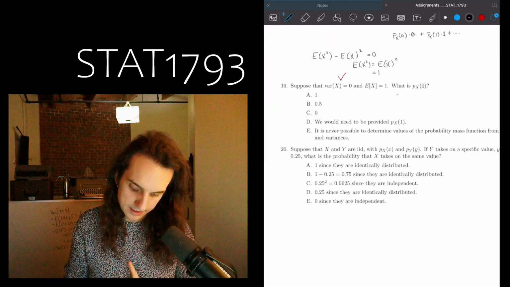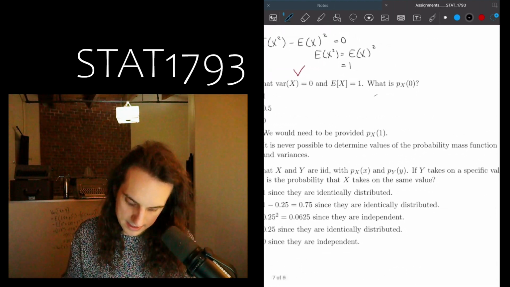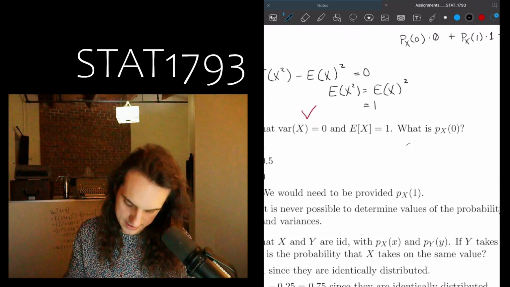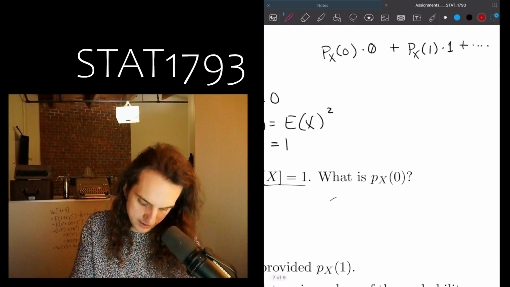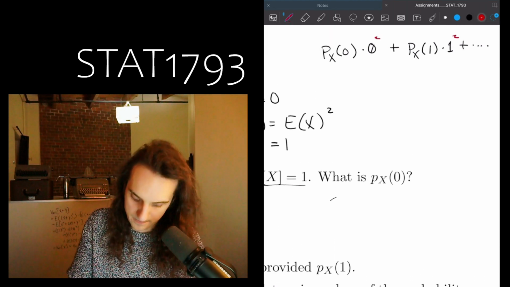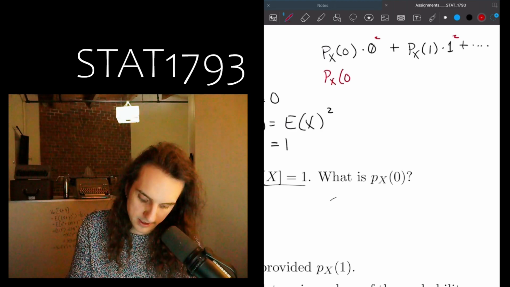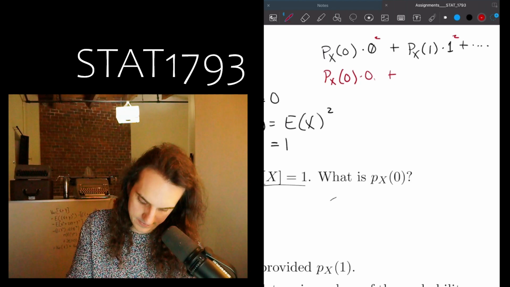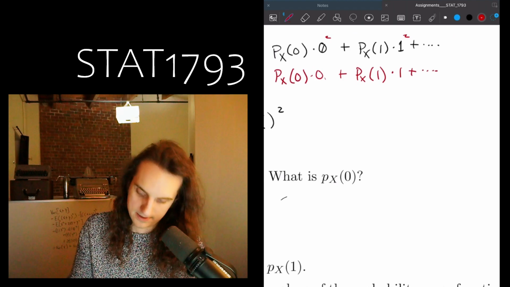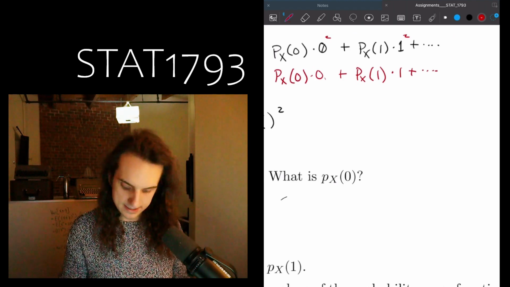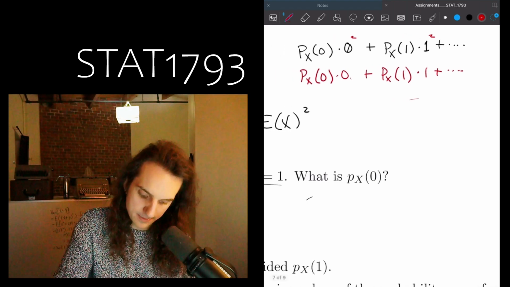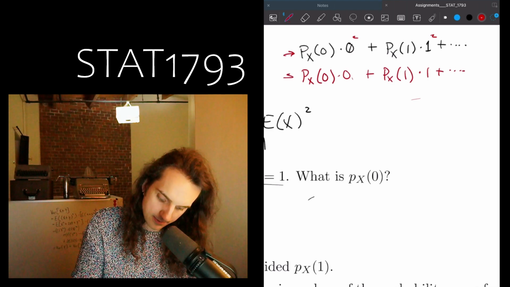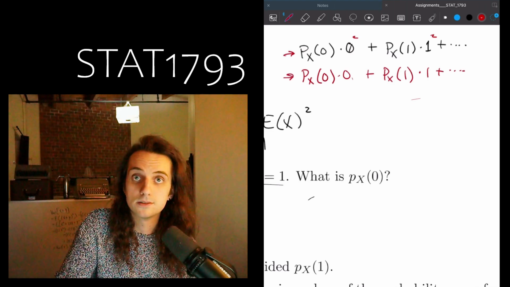Well, the first thing that we know is that the expected value of x has to equal 1, right? And sorry, I should be clear that what we're thinking about here is sort of taking the expected value of x squared. But if we had written down the expression for the expected value of x, right, it's going to look similar. Plus, and so forth. And so we know that this summation here has to equal 1, right? And we know that this top summation and this bottom summation both have to equal 1.